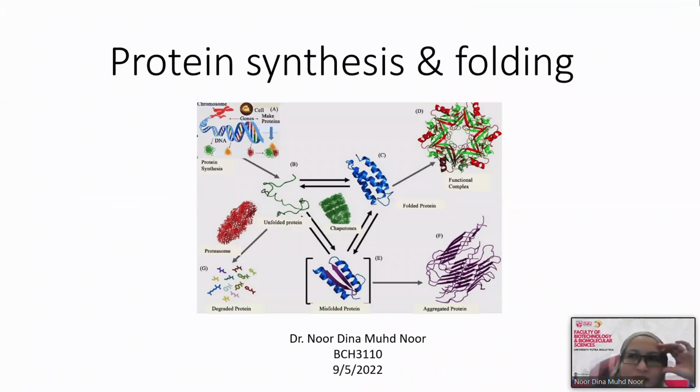And we're going to look today, not in detail, just to see the relationship or some more continuation of the synthesis to folding, right?